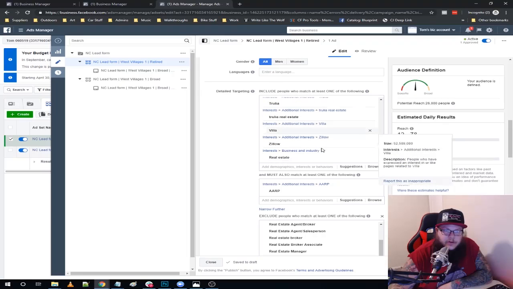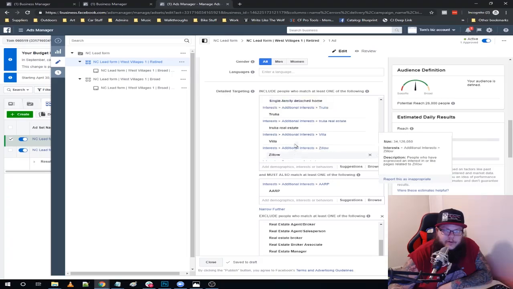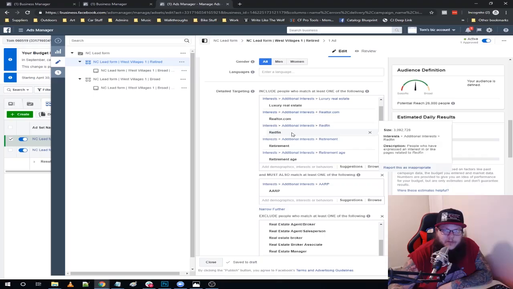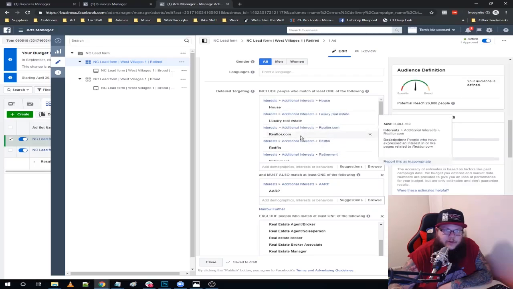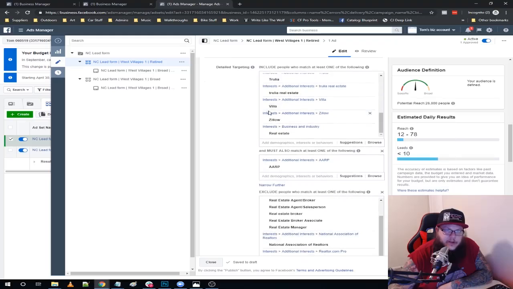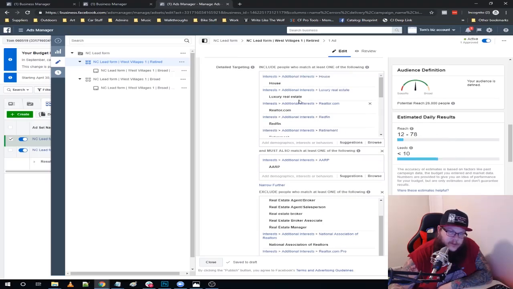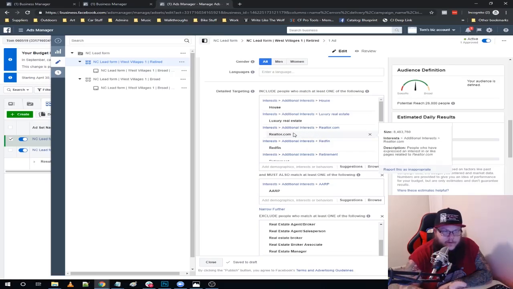And here's another thing. If you're trying to find out if Zillow versus Redfin, for example, is going to be your hot audience, you don't want to put Redfin and Zillow in the same ad set. You would want to test Redfin versus Zillow to find out which person following that page is more interested in you.